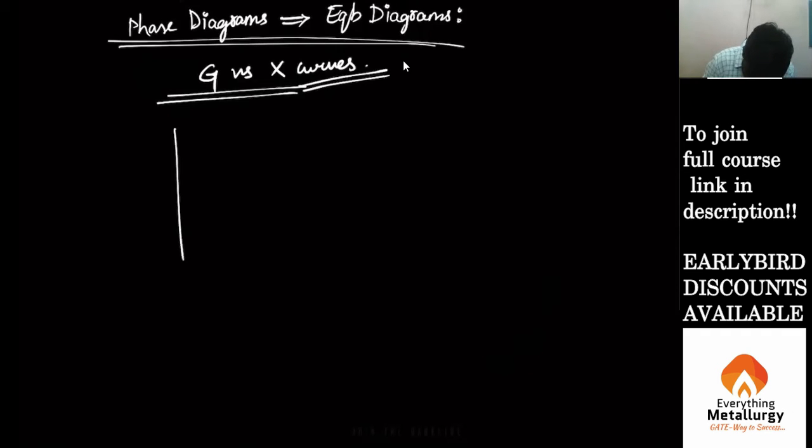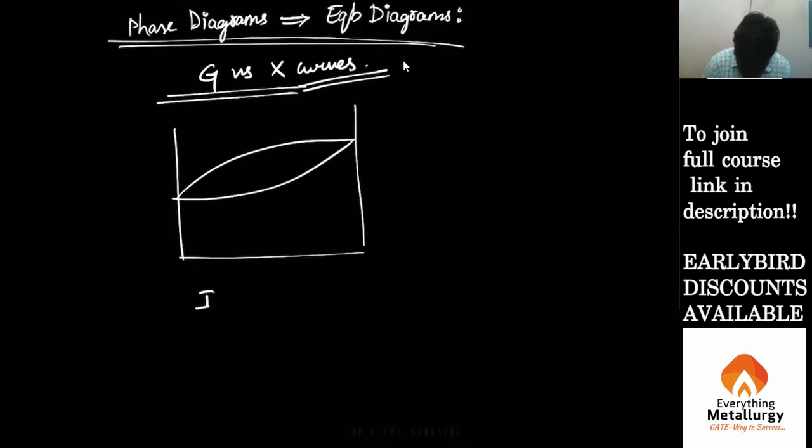Firstly, I'll draw this isomorphous diagram, which I already discussed. And always remember, always and always, these Gibbs free energy versus X curves are drawn for a certain temperature.